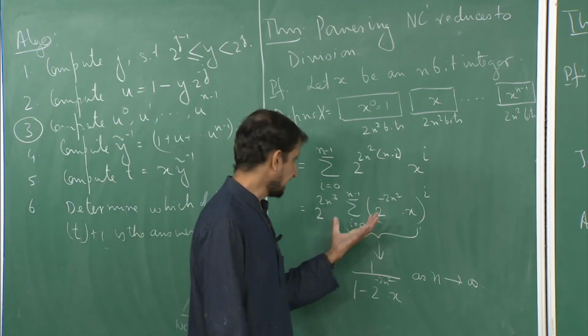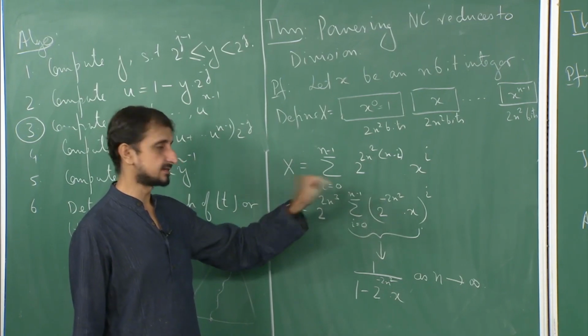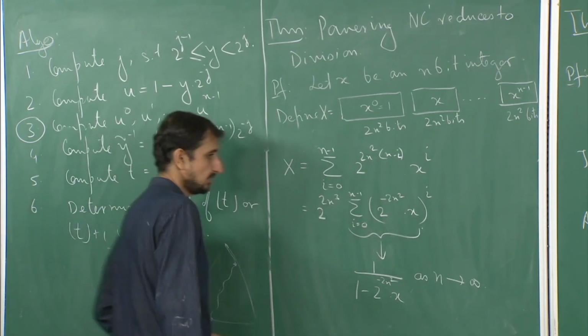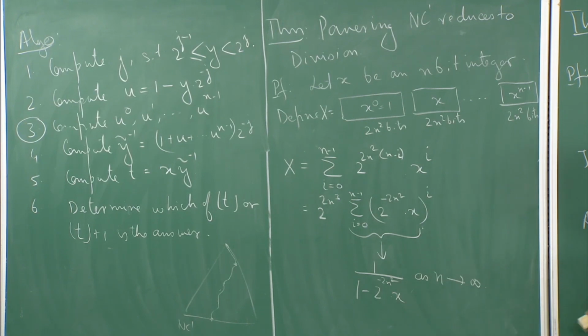But what I have here is not n tending to infinity, but just the first n terms of this series. I will not care about that, I will just look at the value of this series as n tends to infinity, because beyond that the terms will be significantly small.